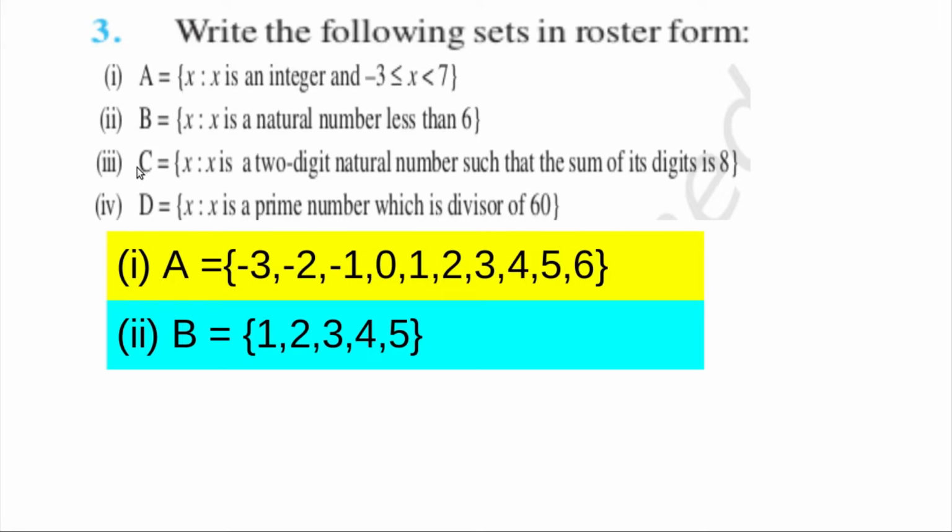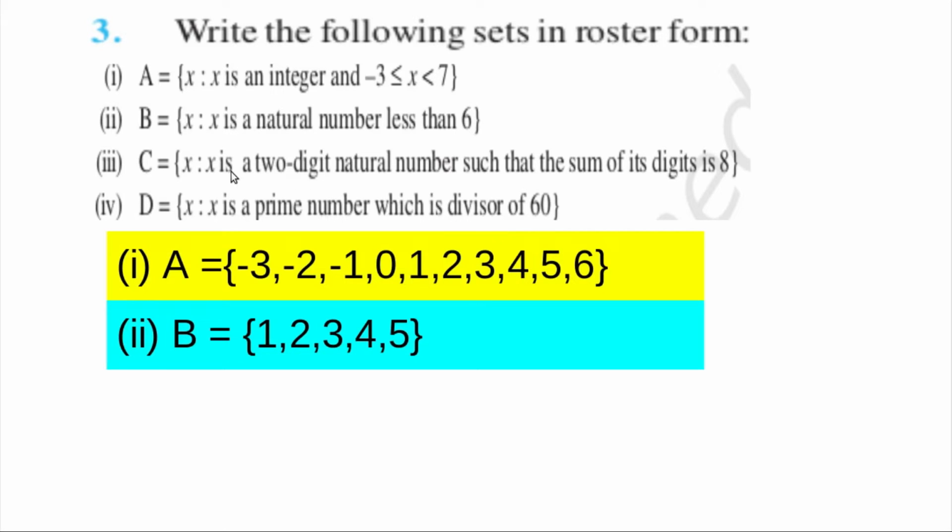The third question: C equal to the set of all x such that x is a 2-digit natural number and the sum of its digits is 8. Here you have to remember what x is. X is a 2-digit natural number. The first 2-digit natural number is 10, the last is 99.